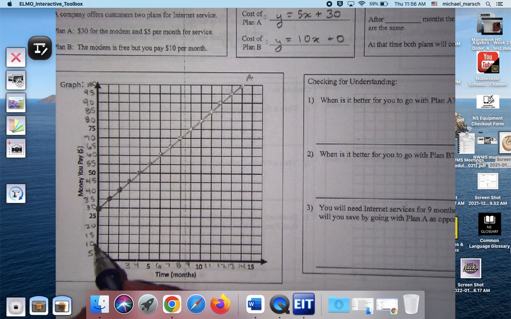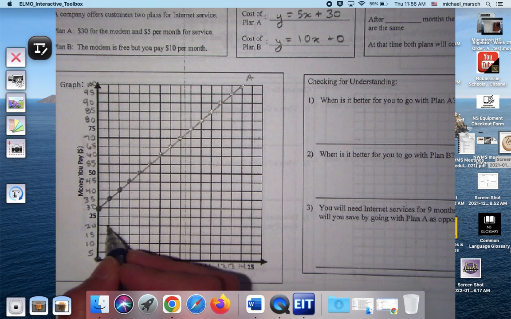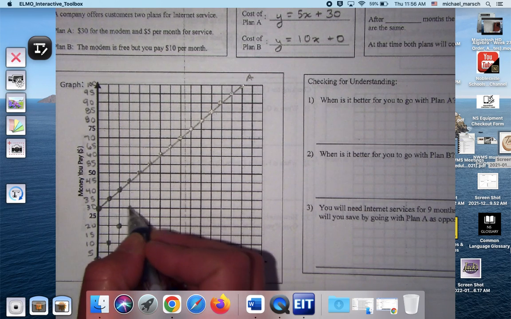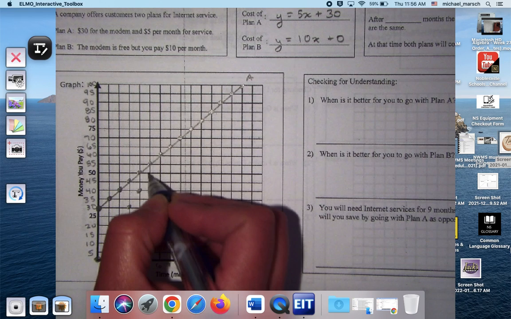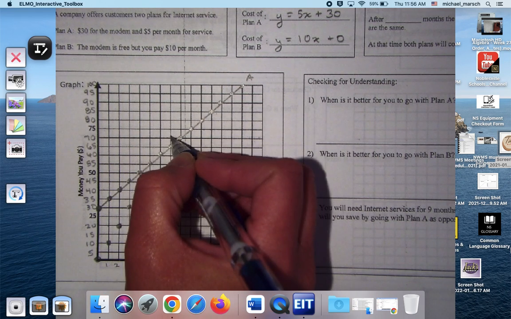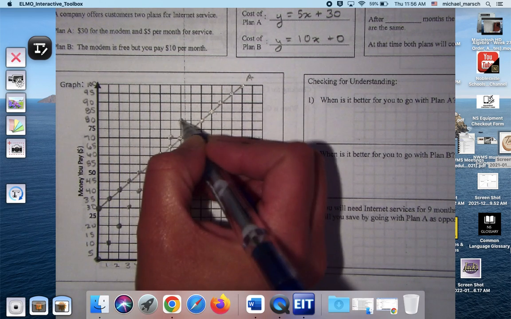So I'm going to go up to $10 over 1 month, up to $20 over 1 month. So I'm adding $10 each month.